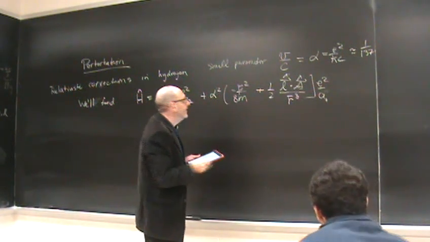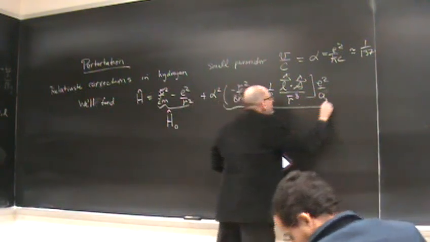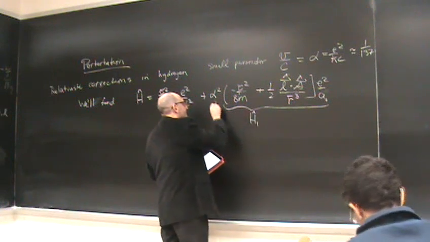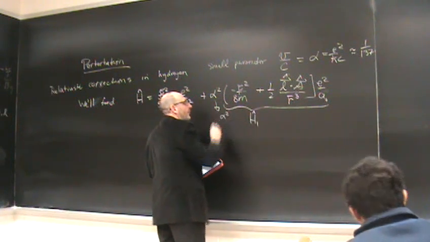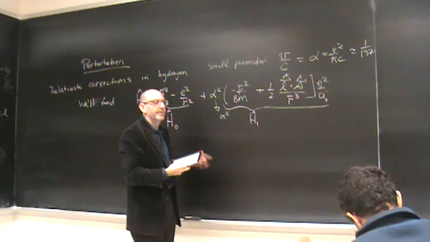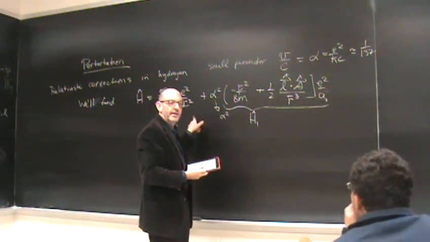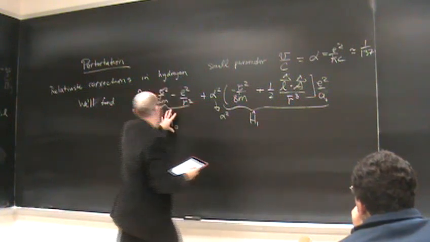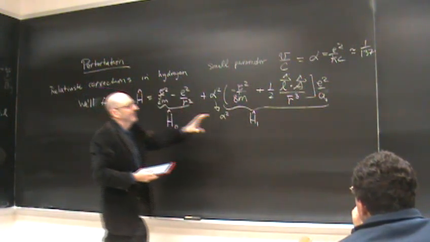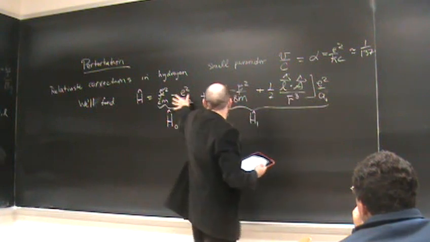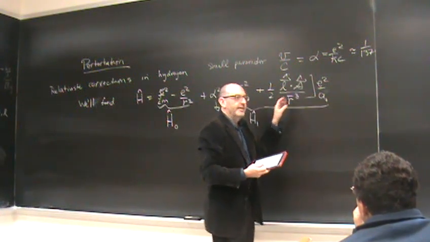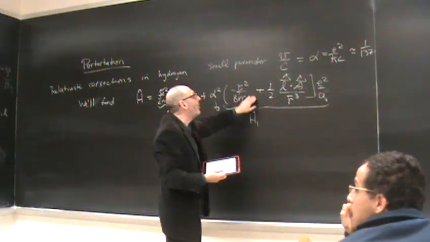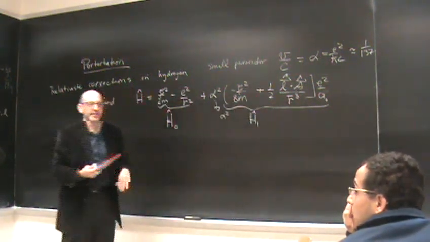I might leave that small parameter outside, call this thing H1, and this alpha squared times H1. So this is obviously small compared to that. The energy scale of this is on the order of the Hartree, and the energy scale of this is alpha squared times Hartree. So this is a small perturbation relative to this.